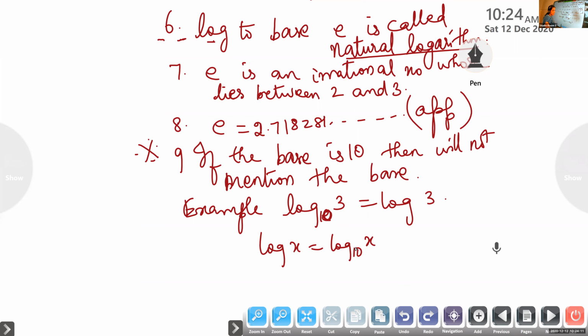If it is e, we will specify; if some other base is there, we will specify. If it is log 2, it is log 2 to the base 10. Whenever the base is not there, the base is taken as 10.